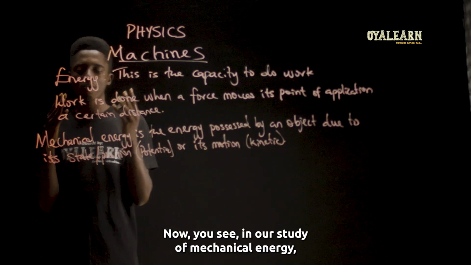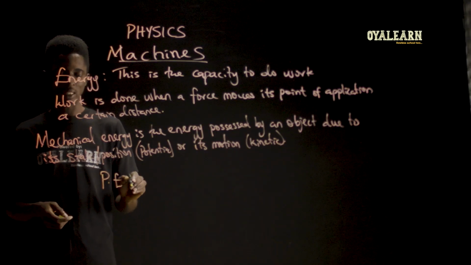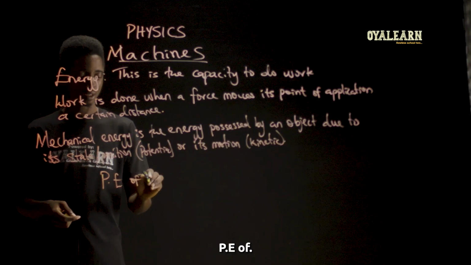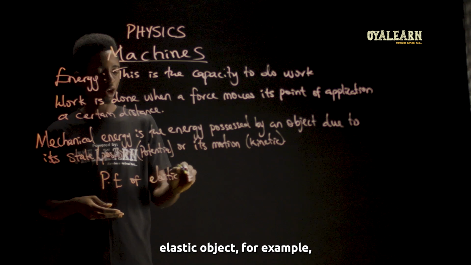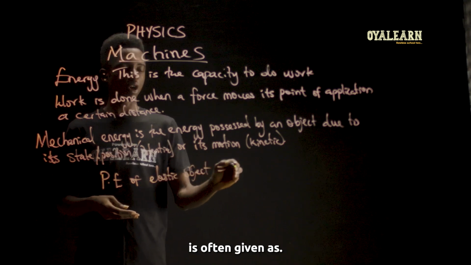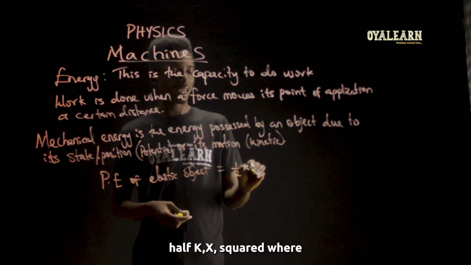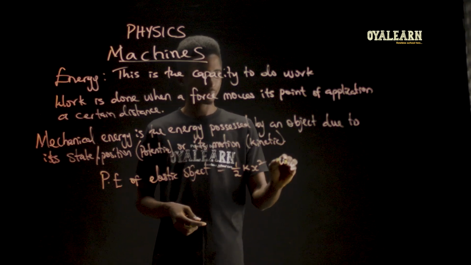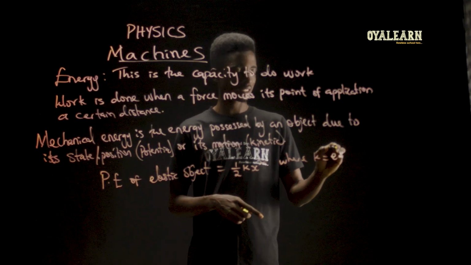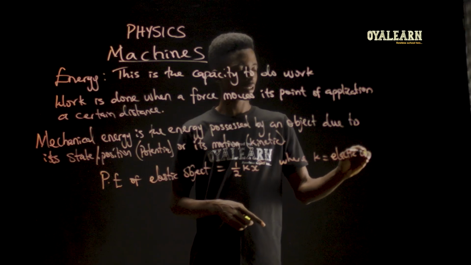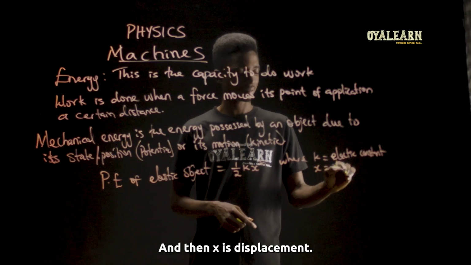Now, you see, in our study of mechanical energy, when we want to find the potential energy of a body, we denote that PE. The PE of, say, an elastic object is often given as half kx squared, where k itself is the elastic constant, and x is displacement.